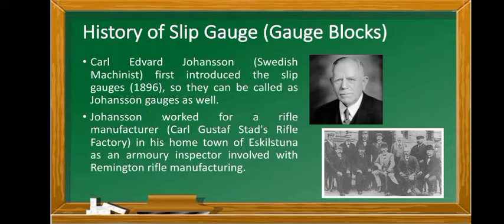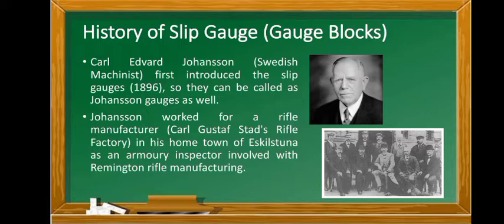According to Johansson's records, variously shaped gauges and a large number of limit gauges used on the shop floor were collectively referred to as gauge blocks. By the way, the shop floor is part of a workshop or factory.